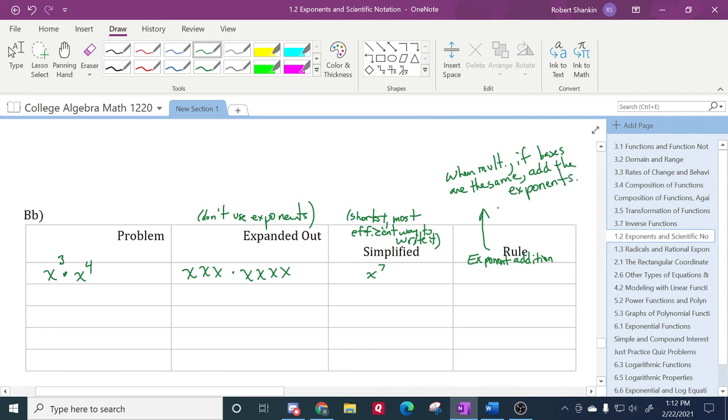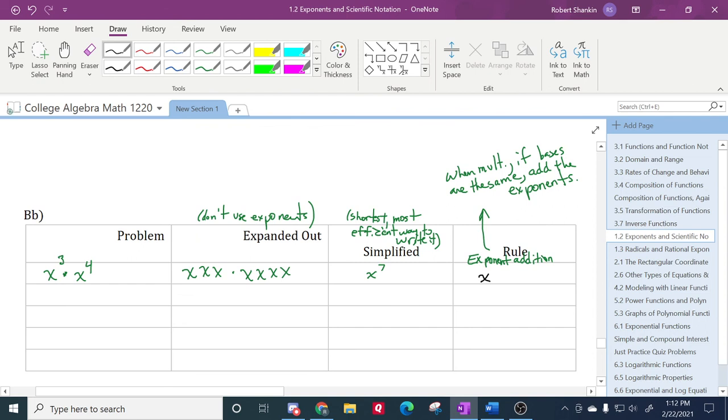And there's also a symbolic way to write this as a rule. As a rule, we could write it like this. The problem is, this will work whether that's a 3 or a 12 or any number we want.